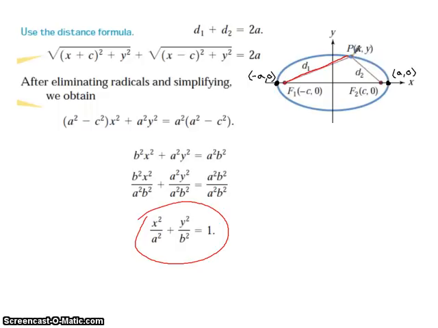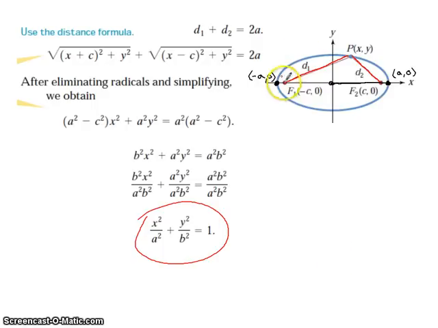The sum of these two distances, d1 and d2, the string, is equal to 2 times a. And a is the distance from the very center all the way out to one vertex point. So d1 plus d2, that string, is equal to 2 times a. So that's like saying the major axis, right?